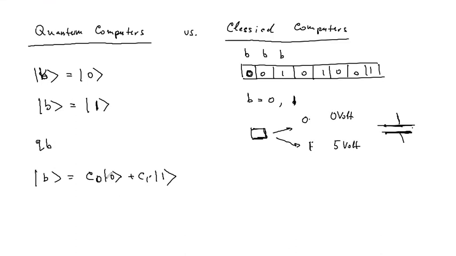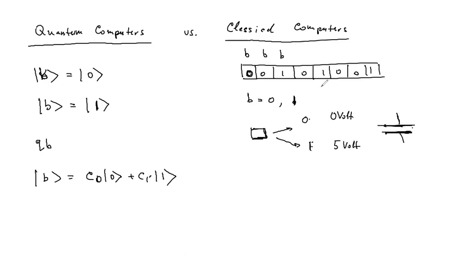And people wouldn't be so excited about it, but it was shown that there are problems in, for example, cryptography, which you can solve with quantum computers much more efficiently than with classical computers, like decoding some secret numbers.